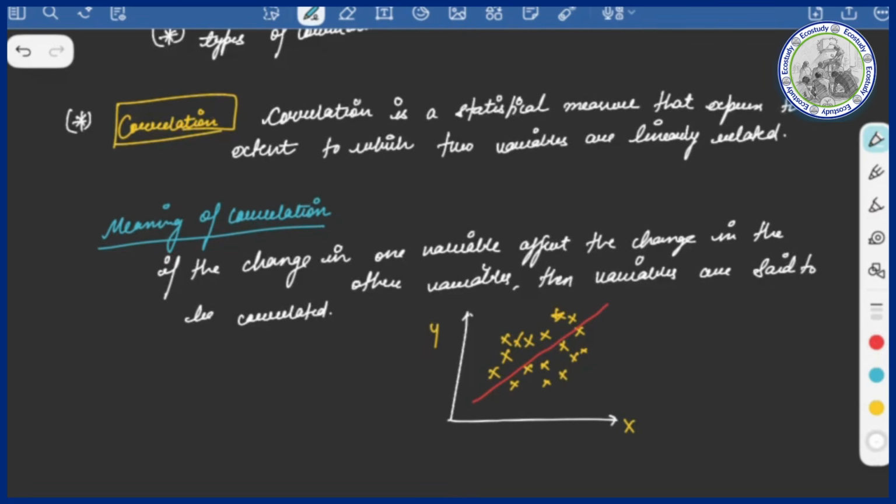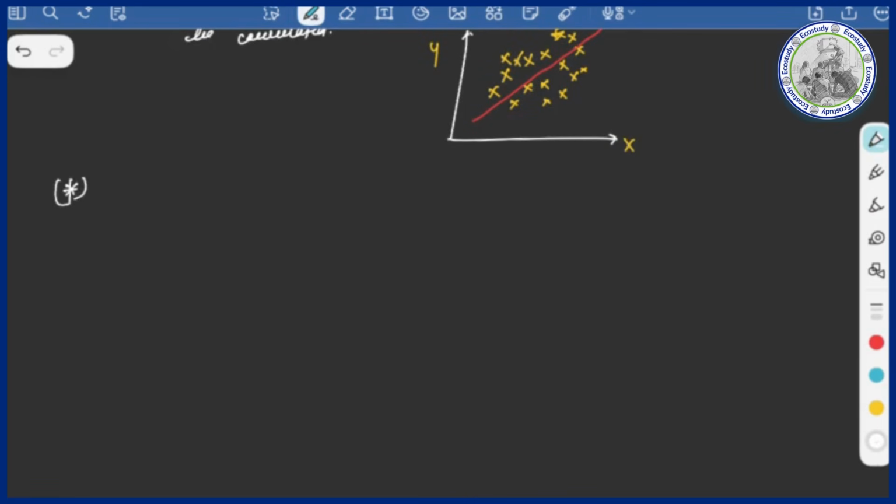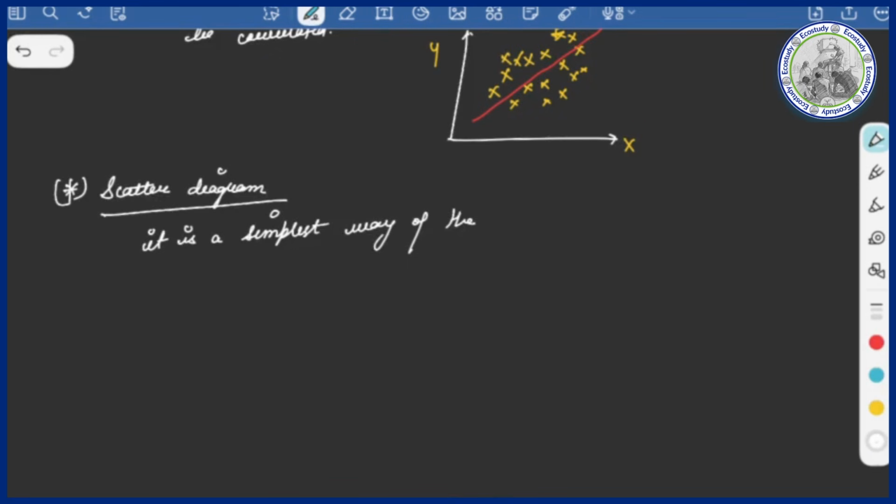This is the meaning of correlation, but before that we should know what a scatter diagram is. It is the simplest way of diagrammatic representation of bivariate data.